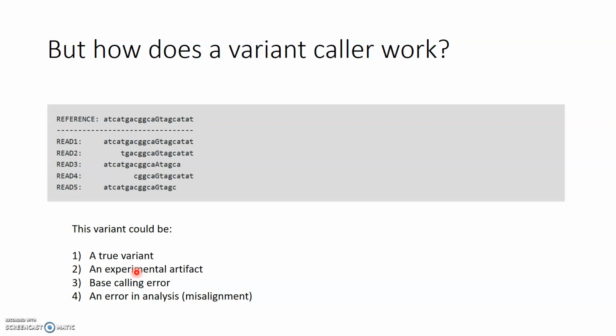It can be a true variant that's actually biologically real. It can be an experimental artifact. It can be a base calling error, or it can be an error in analysis or misalignment, something with the software that we used. And if we're not looking at it manually, these are decisions that the variant caller makes on our behalf based on the inputs that we put into it.